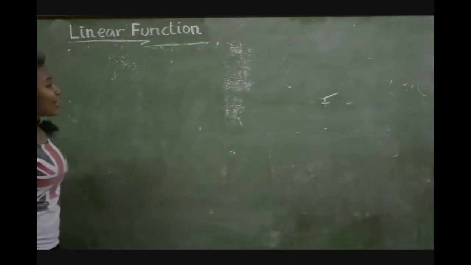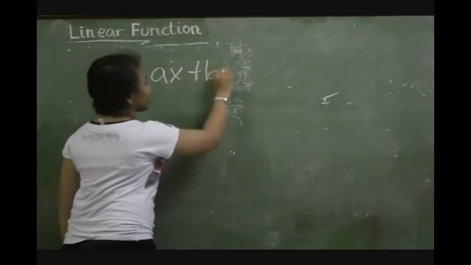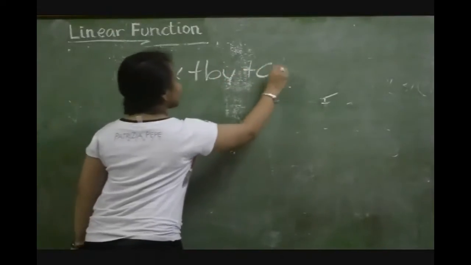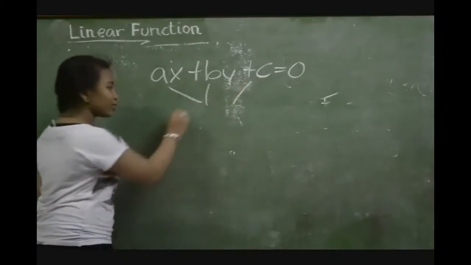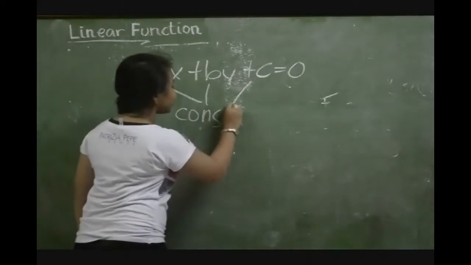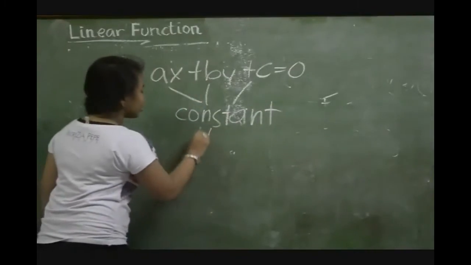Linear function. An equation that can be written in the form ax plus by plus c equals 0, where a, b, and c are what we call constants. And this a, b, and c cannot be 0.